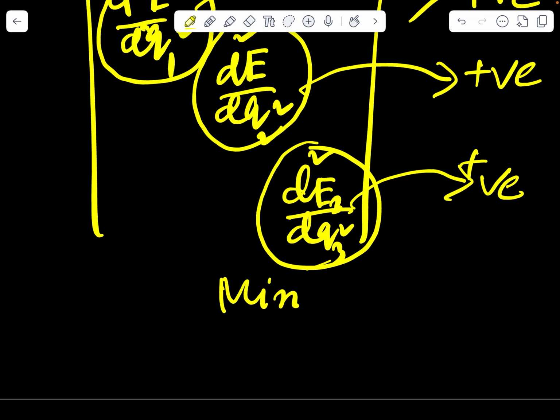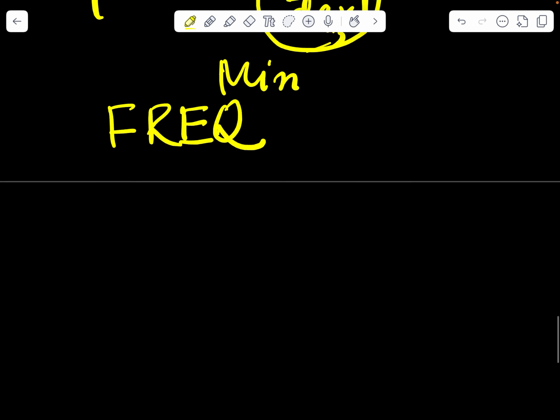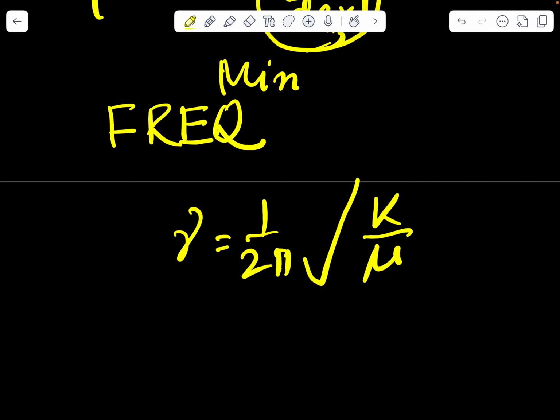And how to do the calculation in quantum chemical software? We write a keyword like FREQ, which stands for frequency calculation. Now how is this frequency related to this? We know that frequency is nothing but 1 by 2 pi root over k by mu. So this k is nothing but the force constant.